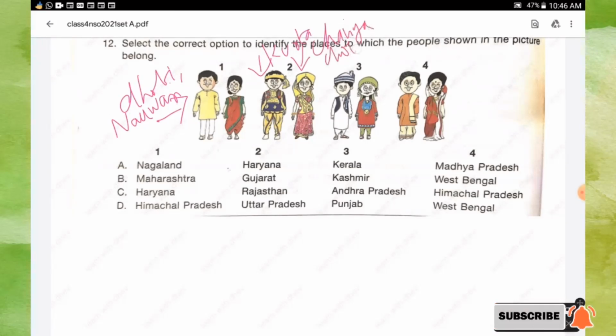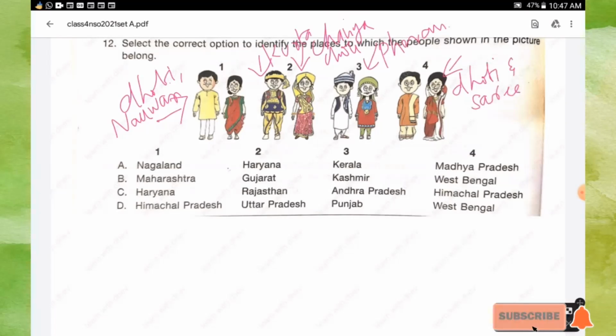For option 3, they are wearing the Pheran, a traditional dress. In option 4, they are wearing dhoti and sari.